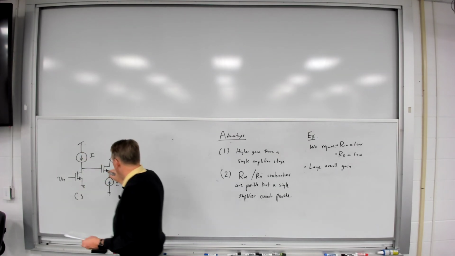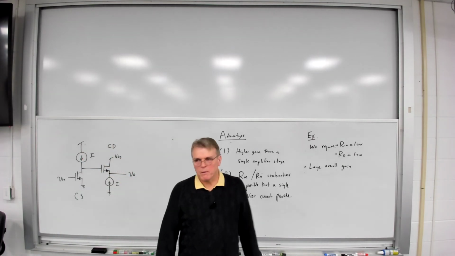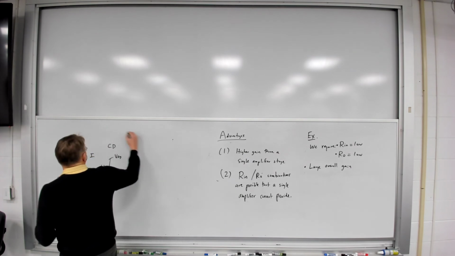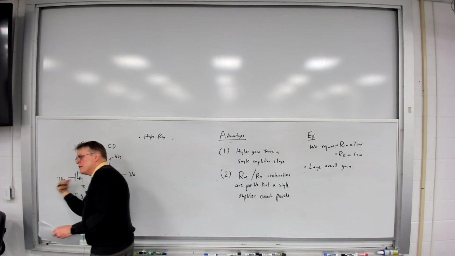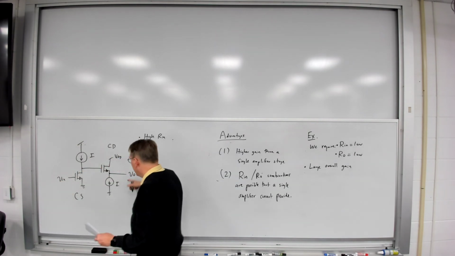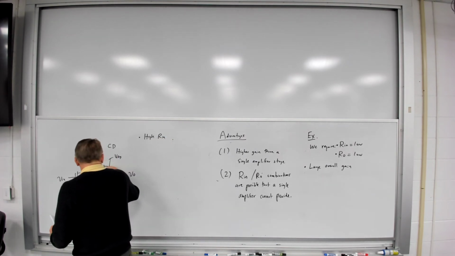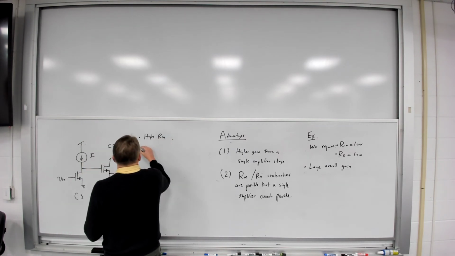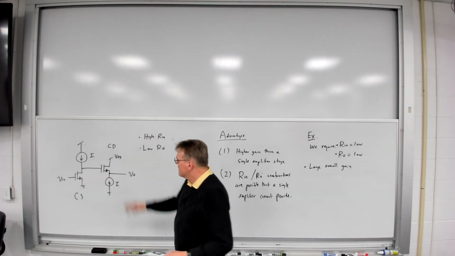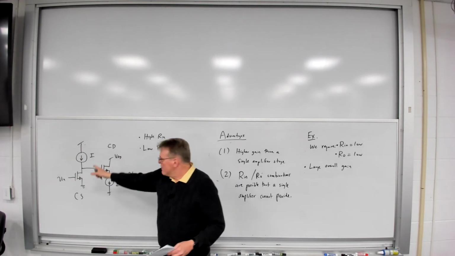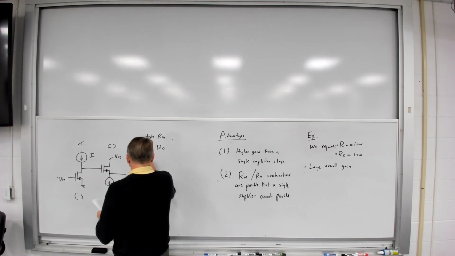Common source, common drain. So what do I get out of this? I get a high input resistance, because in this case I'm looking into the gate of the first transistor. The output resistance, I'm looking up into the source of this transistor. And so I have a low output resistance. And once again, I get good gain from the common source stage. In this case, this is inverting gain, a high inverting gain.